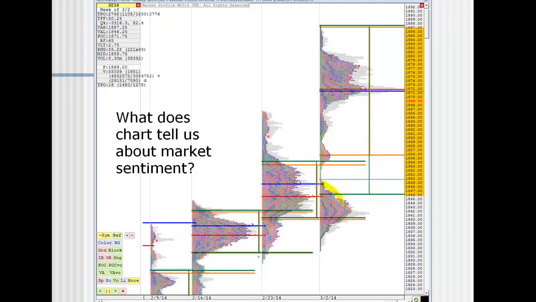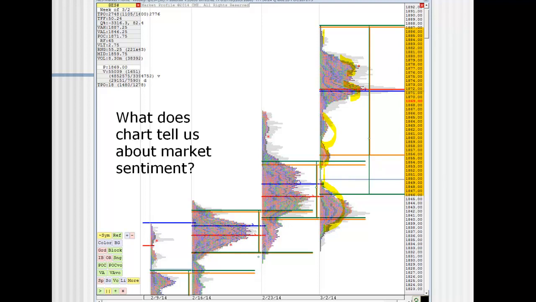We have a cluster of activity here, and what happened after it? A quick jump, another cluster, and another cluster. And here we actually have two small clusters close to one another and a very tiny area of development here. But what was ultimately the result of this activity?